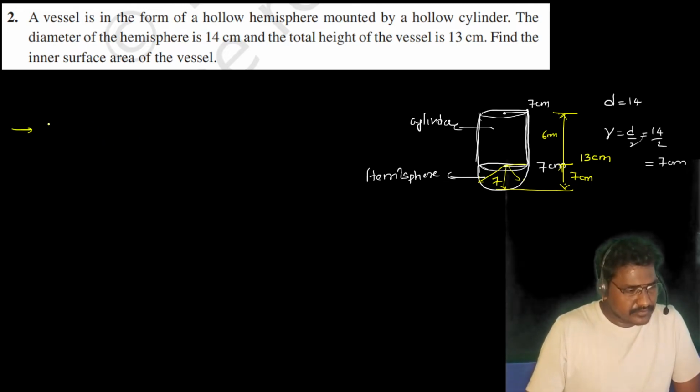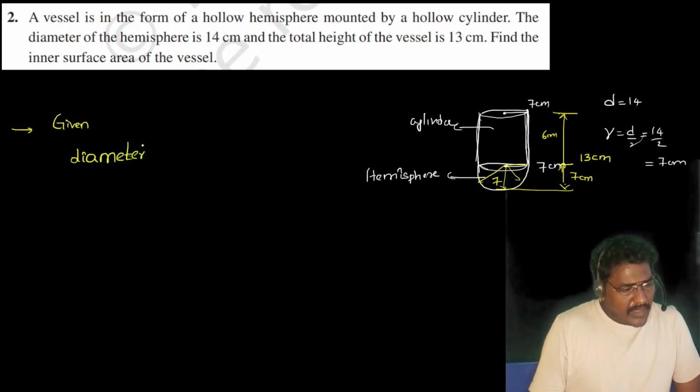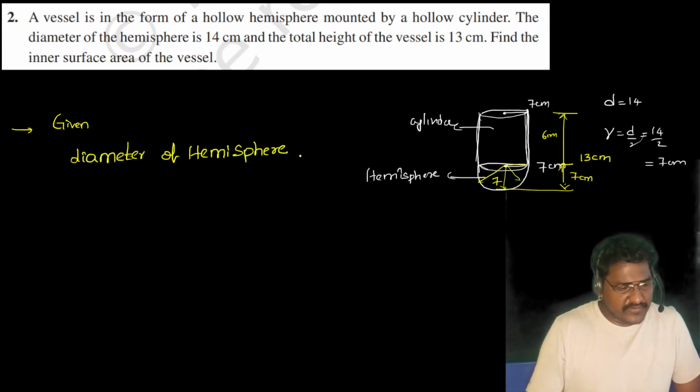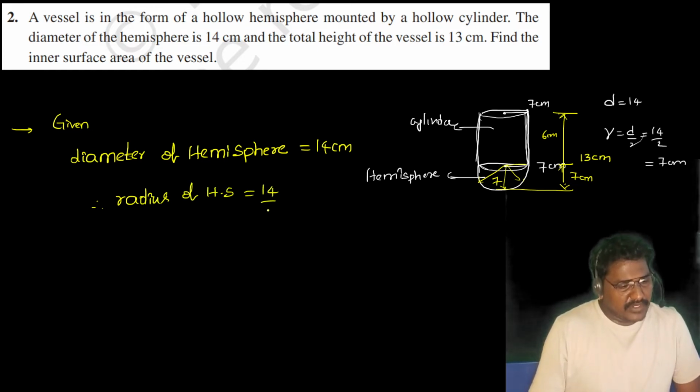Given the diameter of the hemisphere is equal to 14 centimeter, then the radius of the hemisphere is equal to 14 by 2, that is equal to 7 centimeter.